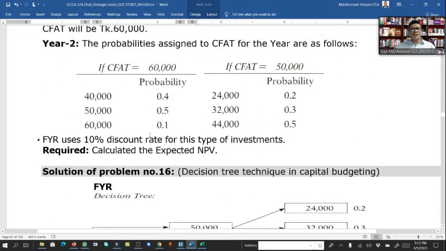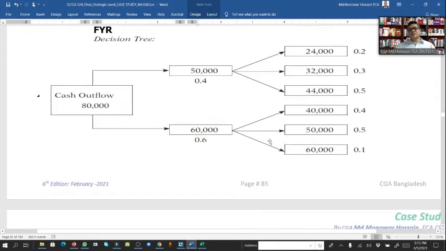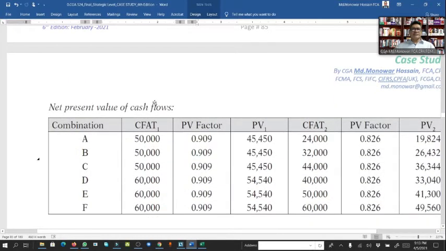If we sum each set, it is 1. Now we have to calculate the joint probability, for example 0.4 multiplied by 0.2.